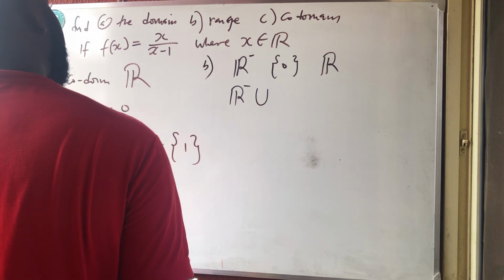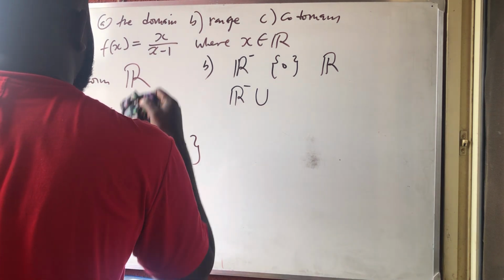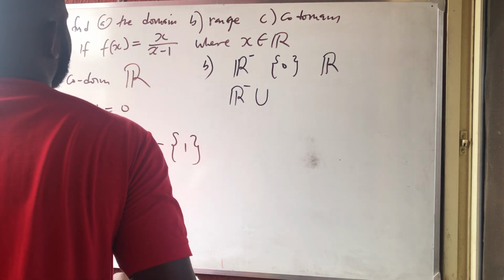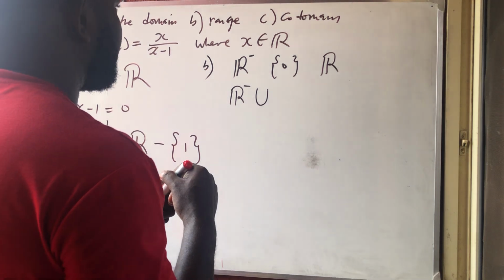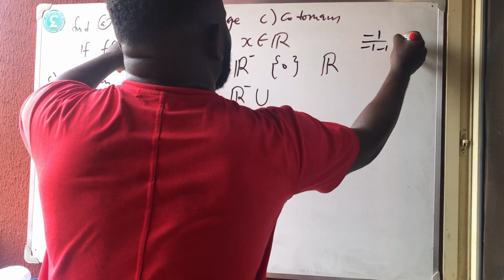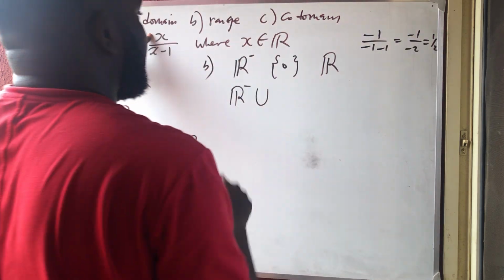So let me check. If I put that x is minus 5, if I put that x is minus, let me take minus 1, for instance. Minus 1 over minus 1 minus 1, which will give me minus 1 over minus 2, which is what? 1 over 2. This is not negative.